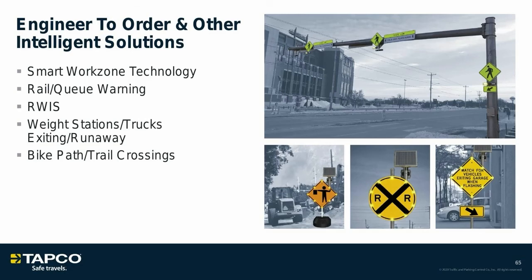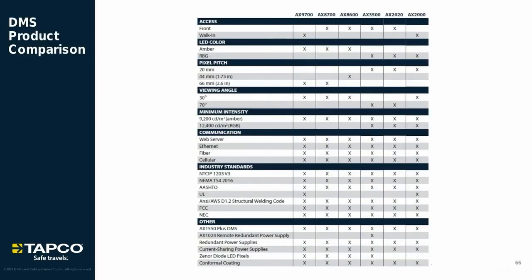We also purchased Adaptive, which is a DMS manufacturer out of Milwaukee. They have a lot of different options. So if a DMS board is something that you need or are interested in, please get with us and we'll go over those specific options. This screen just shows you different models they have: the AX 9700, 87, 86, 35, 2020, and the 2000.